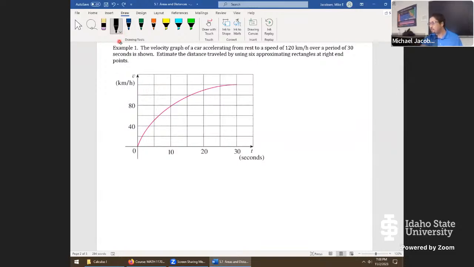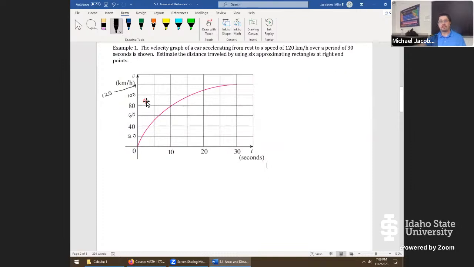That scale is kind of annoying. Let's see if we can complete it a little bit better. This would be 20, 60, 80, 100, and 120 is up here, just for easier reference when we look at this graph. Next it says, estimate the distance traveled using 6 approximating rectangles at right endpoints.